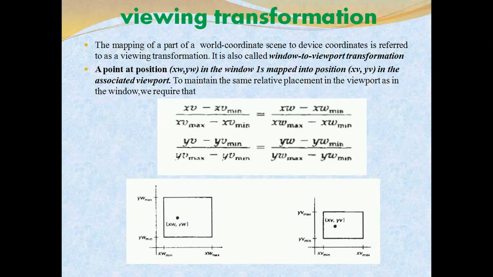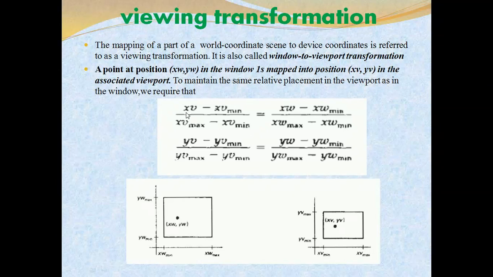Let a point in the world coordinate be xw and yw. In this window, it maps to the viewport point xv and yv. After mapping, we always need to fix the dimension of the object or image.